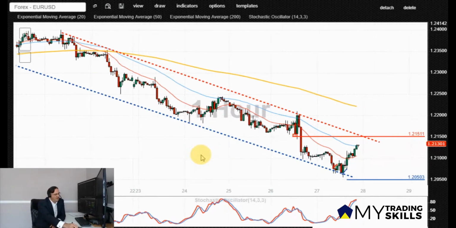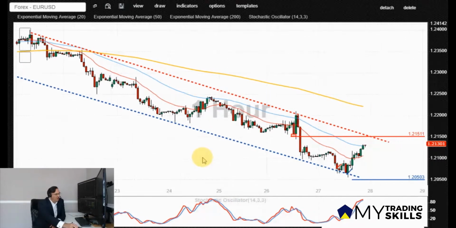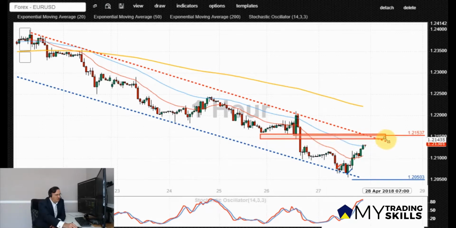Now, the other thing that I would be keeping an eye on here is this trading range that played out in the past. So this was our support, our support, our support, and once that support is challenged and lost, it becomes newly found resistance. So it's not just one level.